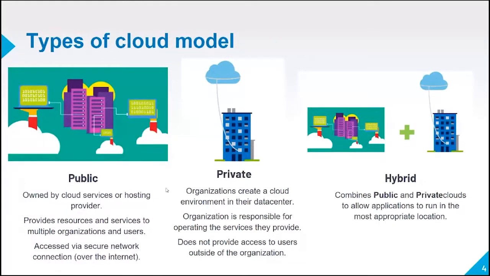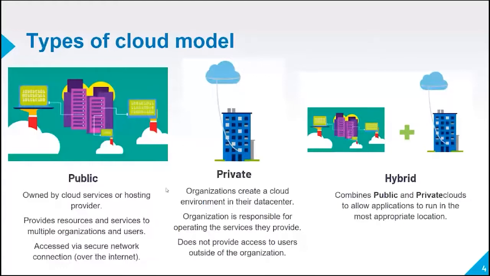Hybrid combines public and private clouds to allow applications to run in the most appropriate locations. Think of this as you being part of an organization that organizes its resources on Google Cloud Platform, which means your data is accessible only to the members of that corporation, but it is still hosted on a public cloud provider, that is GCP. So that is hybrid for you.